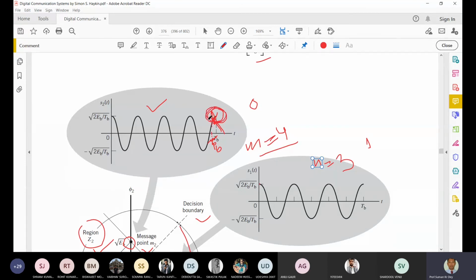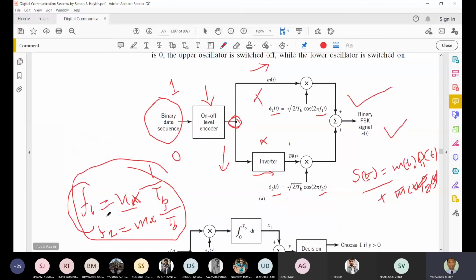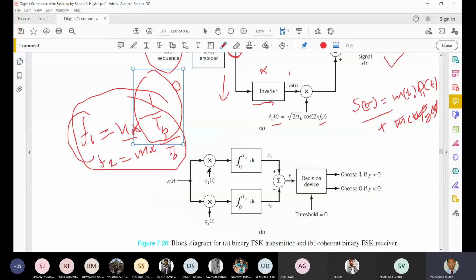Phase change is there. To avoid the phase change, we have to choose F1 and F2 such that they are integer multiples of 1 by TB. That is the reason.